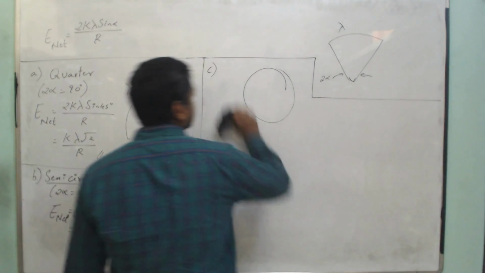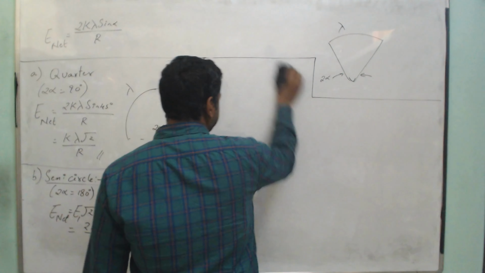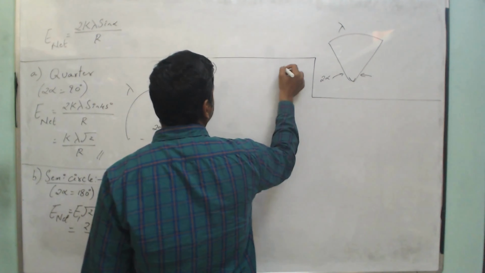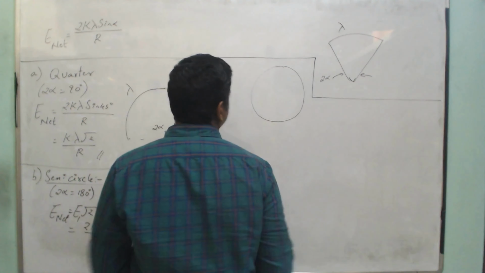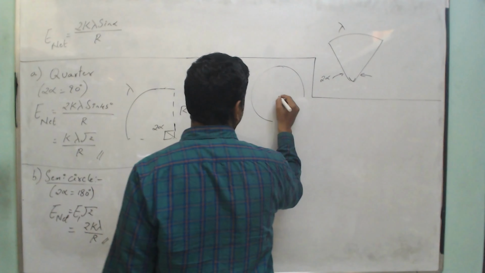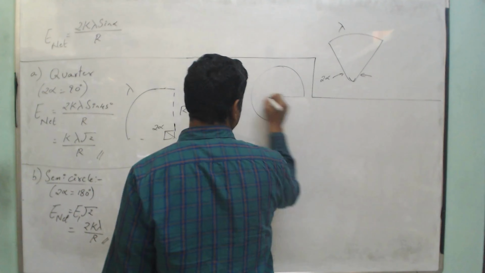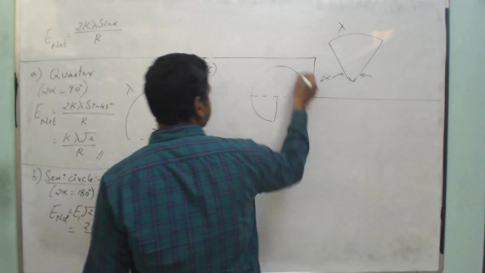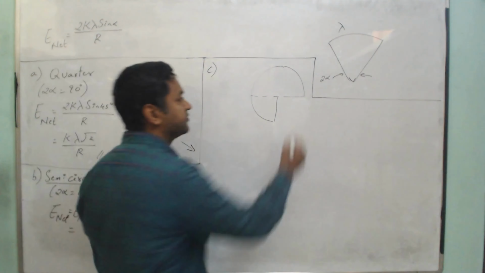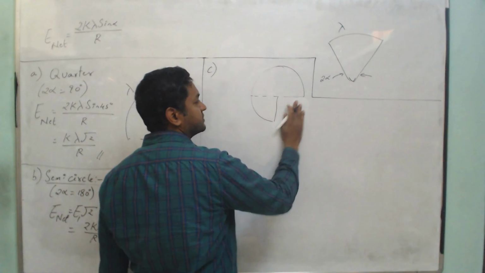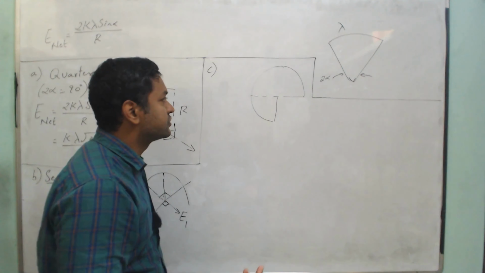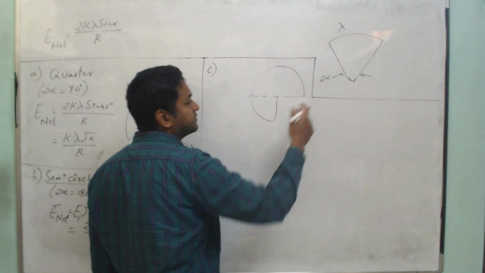Semicircle plus a quarter, you can think of it like that. Or I have 3/4, right? So this is my wire from here to here. That means this quarter is not available. So like you said, you can treat it as one semicircle and a quarter.